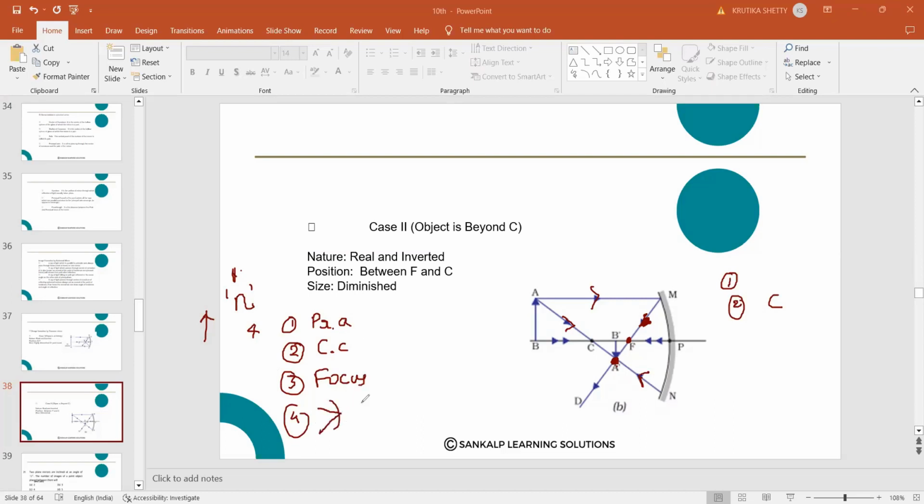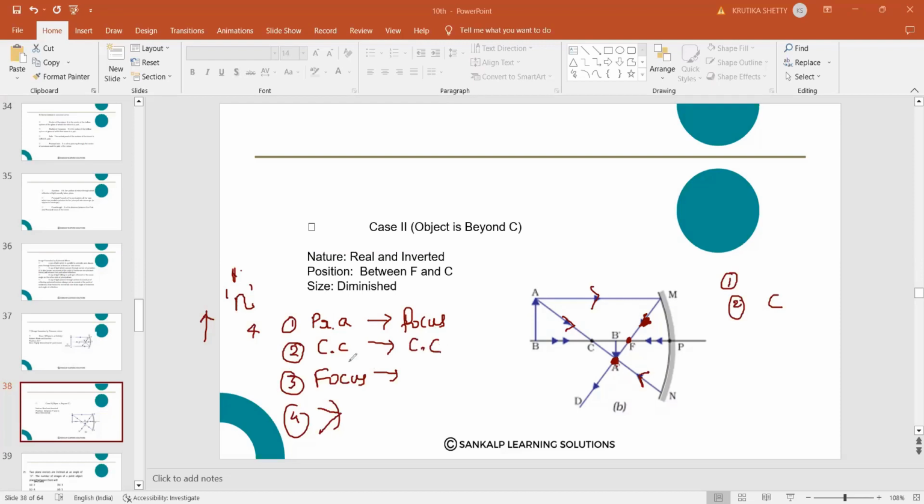Okay, so we will look at these four cases. In these, what result do we need? If it is parallel to the principal axis, after reflection it should go through the focus. If there are 10 rays parallel to the principal axis, not all of them go through the focus after reflection, only one or two will. When a line is incident through the center of curvature, it will go back, that is, after reflection it should go in the same direction.